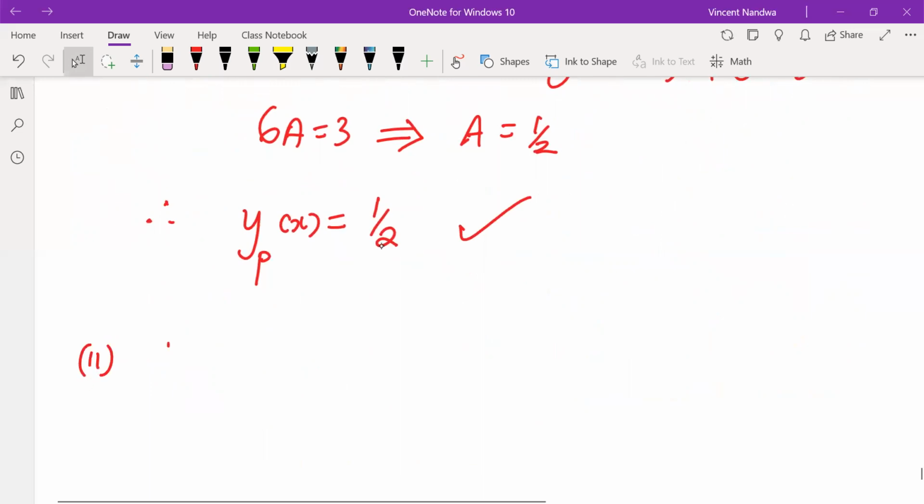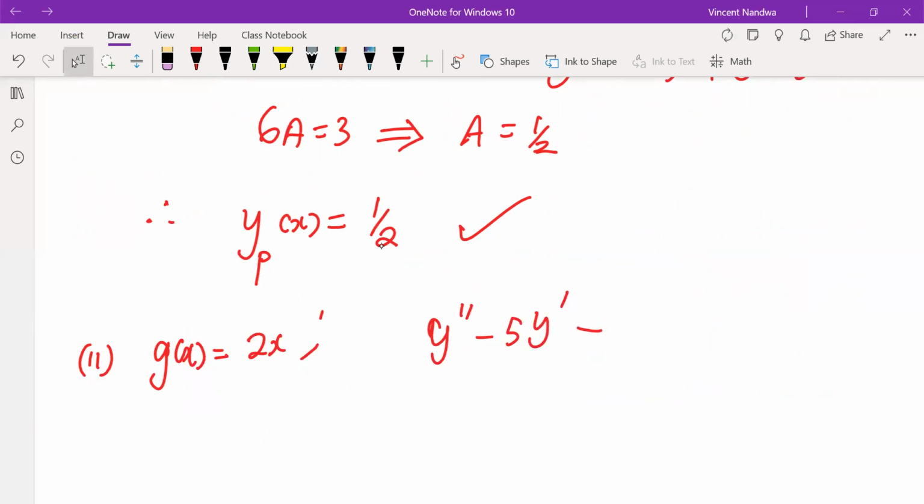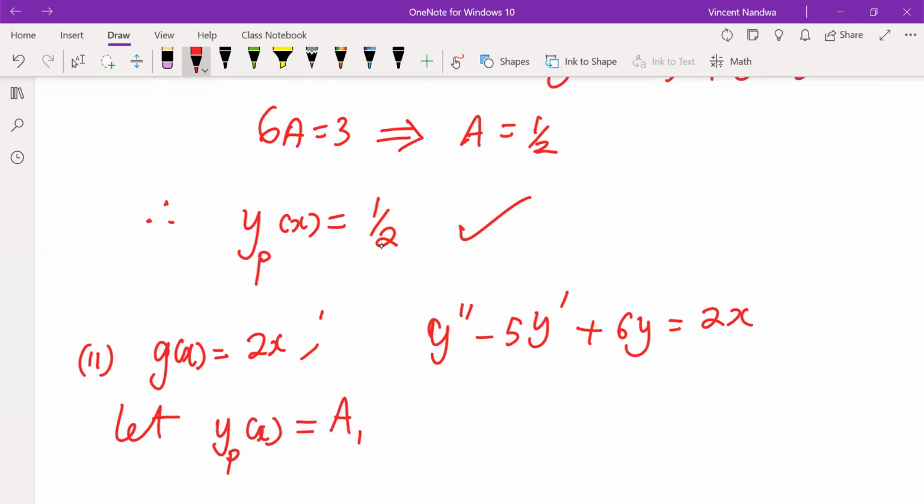Roman 2, we have g of x given by 2x, which means the equation will be y double prime minus 5y prime plus 6y equals 2x. Now 2x is a linear function. So let yp, for this linear function, take the form a1x plus a naught.